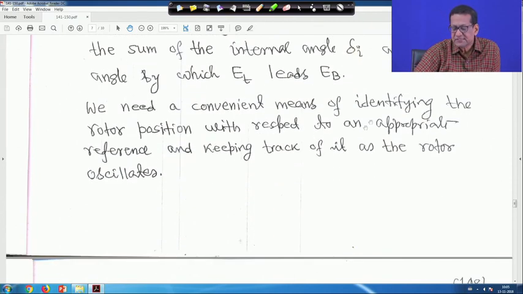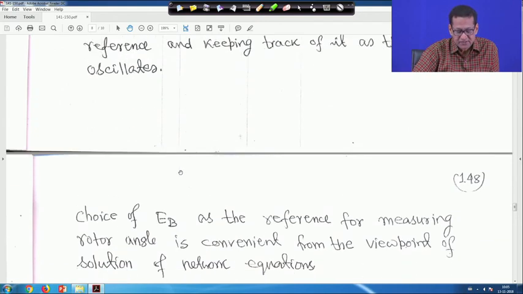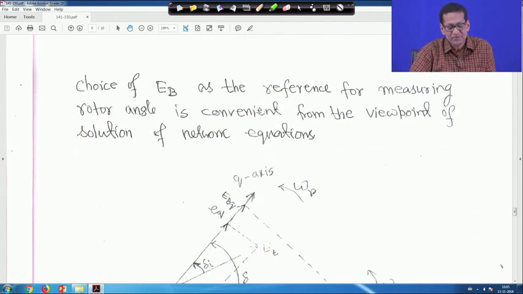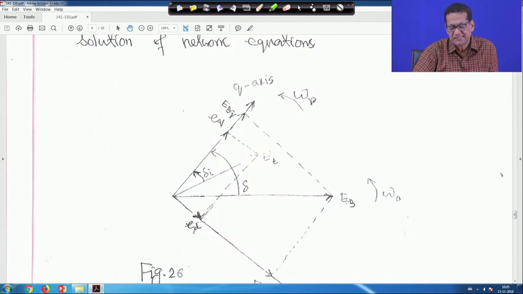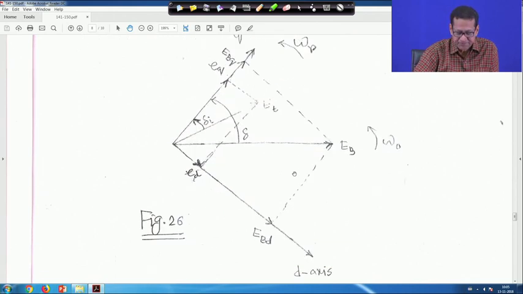Now we need a conventional means of identifying the rotor position with respect to the appropriate reference and keeping track of it as the rotor oscillates, right. So the choice of EB as the reference for measuring the rotor angle is convenient from the viewpoint of solution of network equation. So EB we have taken as a reference, and delta will be delta I plus the angle between ET and EB, right.